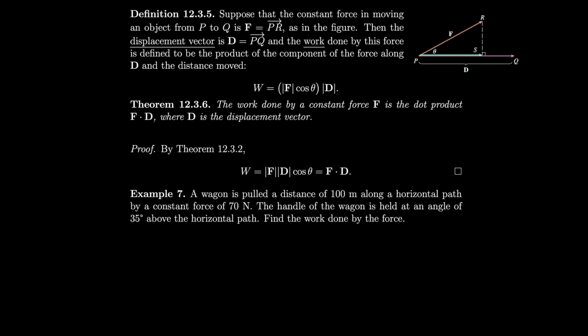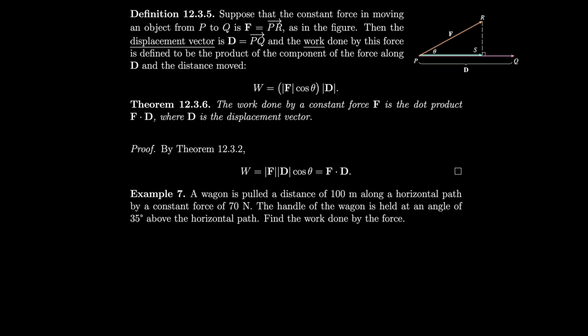So we take the component of the force along D, which you could think of as the scalar projection, and that's just length of F times cosine theta, and then we define that times the length of D to be the work done.